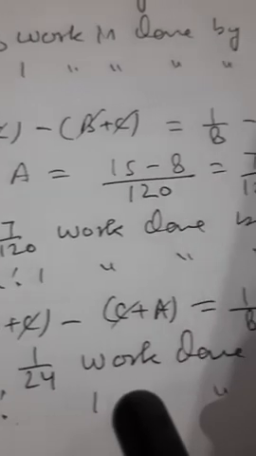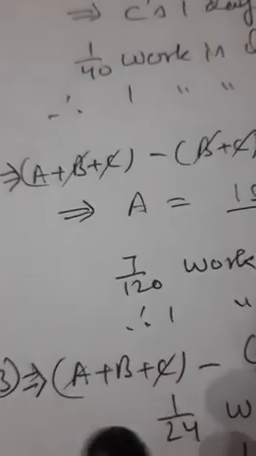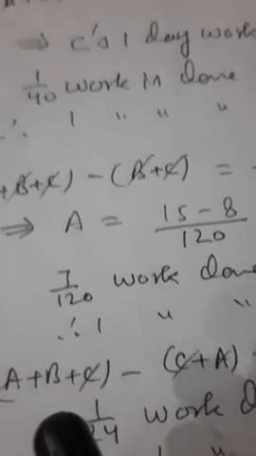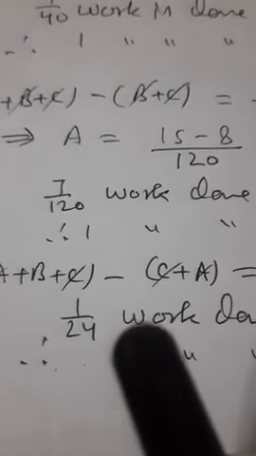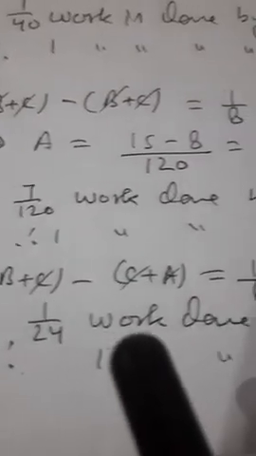So 1 upon 24 work is done by B in 1 day. Here A cancels with A and C cancels with C. So only B is left on the left hand side. So therefore it is B's 1 day work that has come 1 by 24.